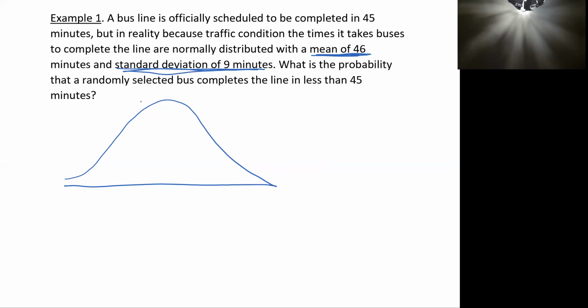What is the probability that a randomly selected bus completes the line in less than 45 minutes? So that means there's a number 45 somewhere. And I'll put it on. It really doesn't matter where I put it. In this case, 45 happens to be a little bit smaller than the mean, so it should be to the left of the mean.